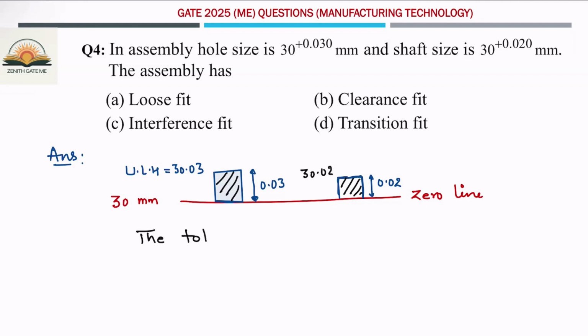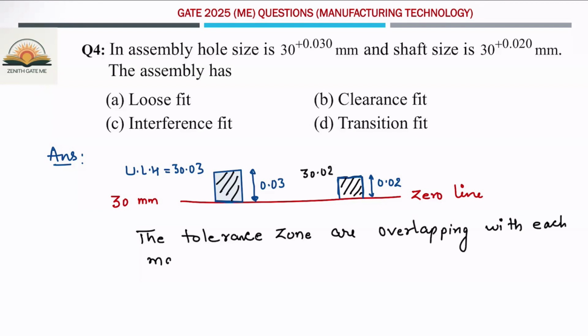Because the tolerance zones are overlapping with each other. So it is a transition fit.